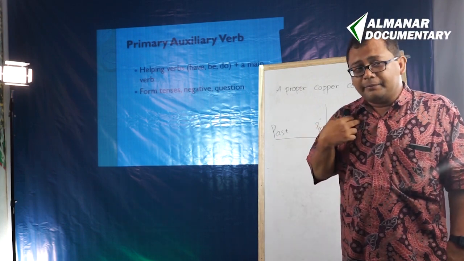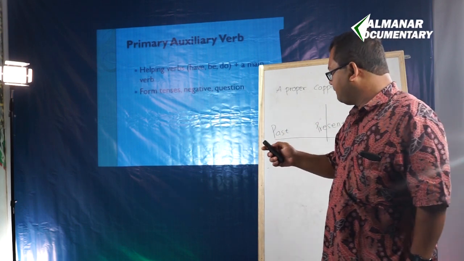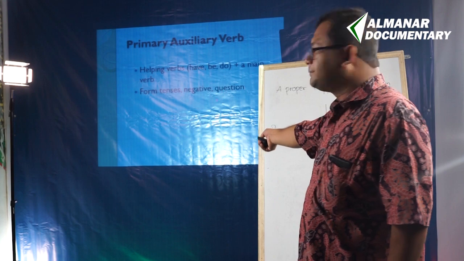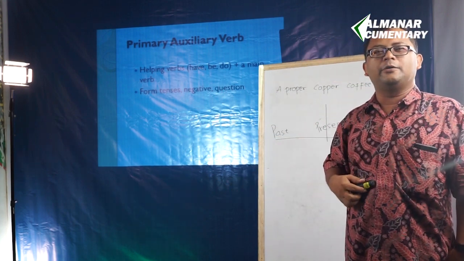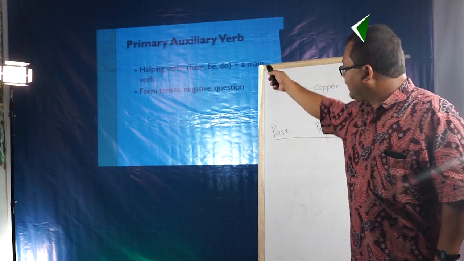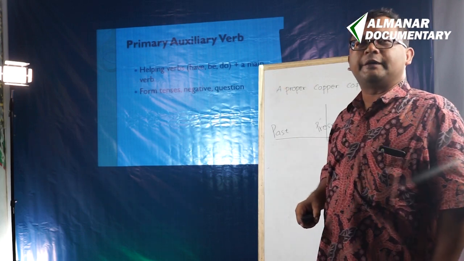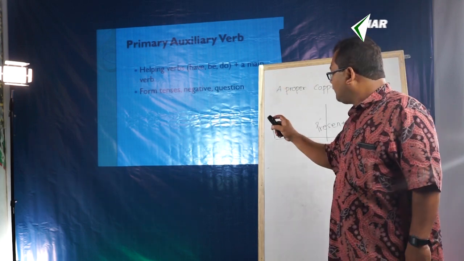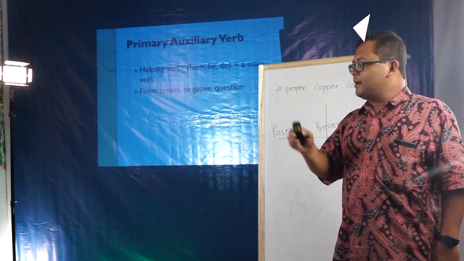I am standing on the floor. How to make it into question? Am I standing on the floor? Here we are. That is what we call auxiliary. Means helping, additional, assisting, and so on and so forth.